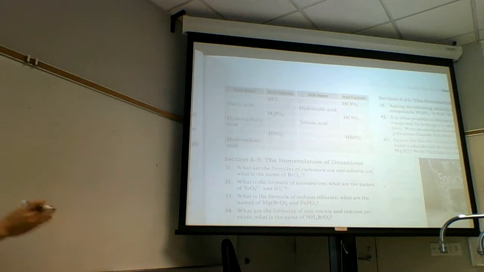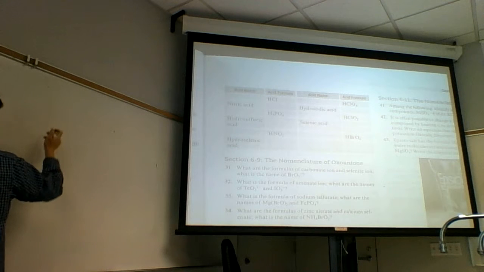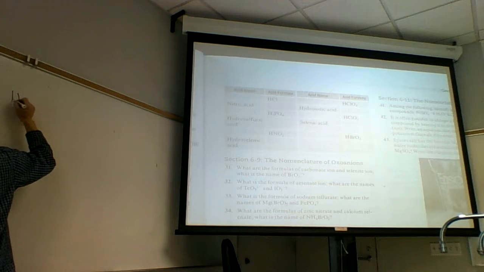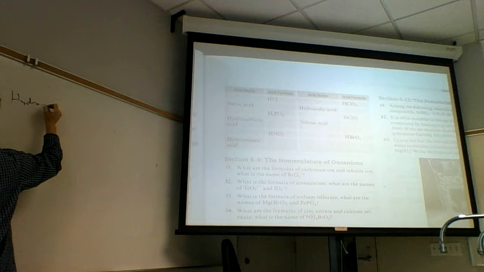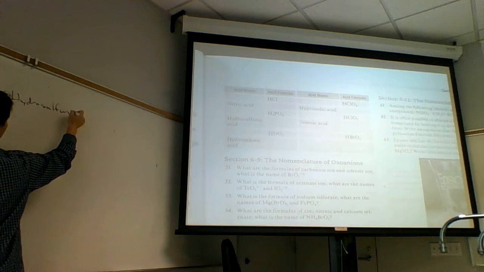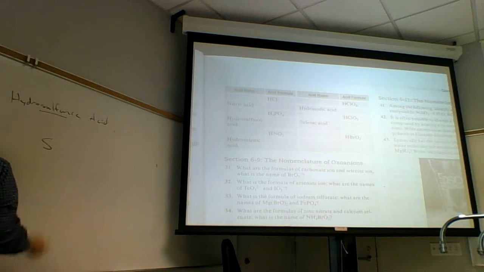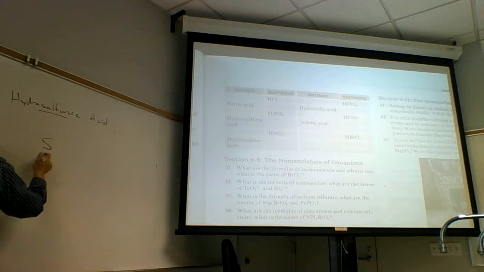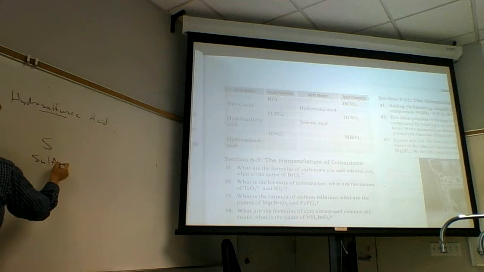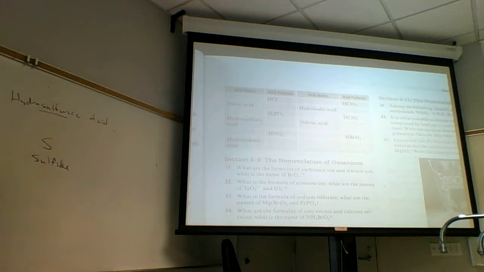And so they call it hydrosulfuric acid. So it's S, it's got to be an ide, so sulfide is what? S2 minus. And so how many hydrogens do we need for that? 2. And so hydrosulfuric acid is H2S.